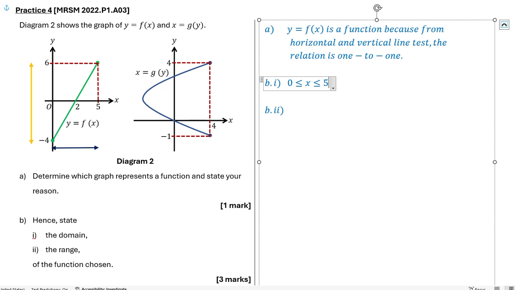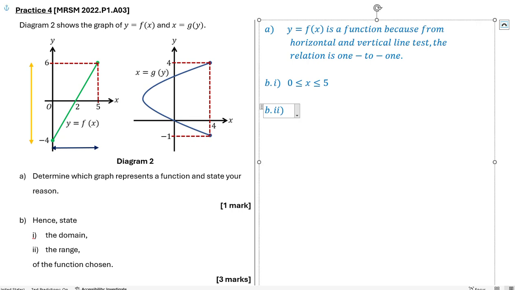How about range? Range is the vertical area or vertical column covered by the graph. The lowest point is -4 and the highest point is 6, and the name of the function is f(x). So what's the range?